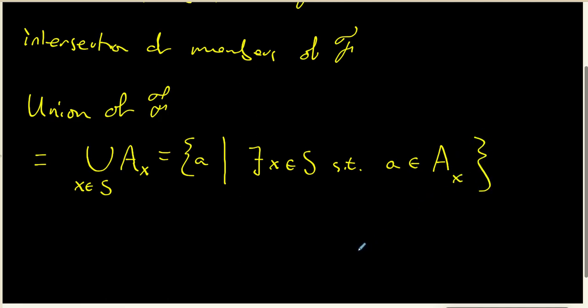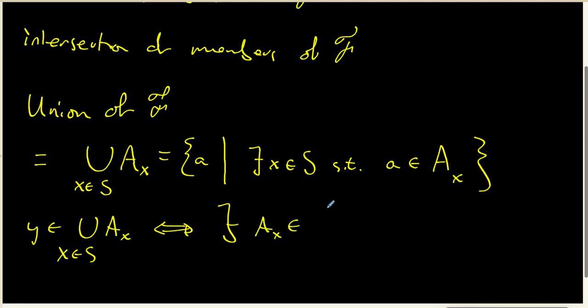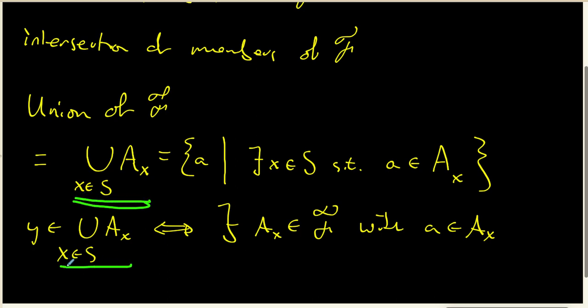In other words, y belongs to this union if and only if there exists an x inside S with y belonging to A sub x. So that's really what the union means, and it turns out that this kind of awkward notation is really the best notation that we can have to describe a union of an arbitrary number of sets.